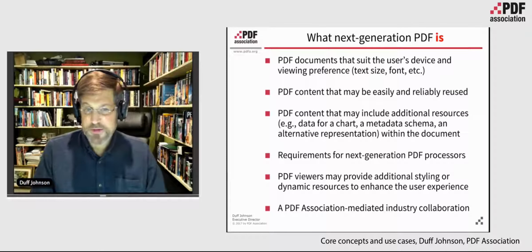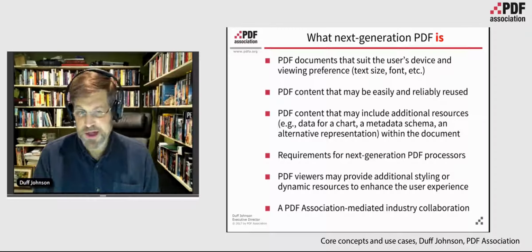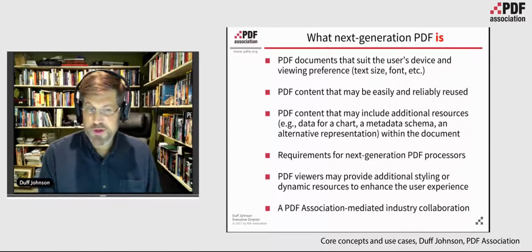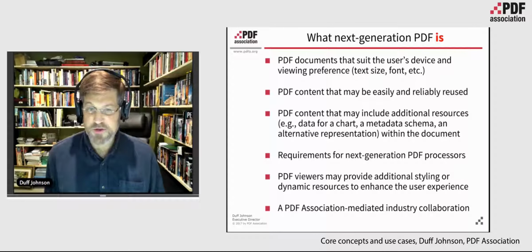PDF content, so I've mentioned these additional resources, data for a chart, a metadata schema, and so on within the document. This is enabled very much by the associated file feature.